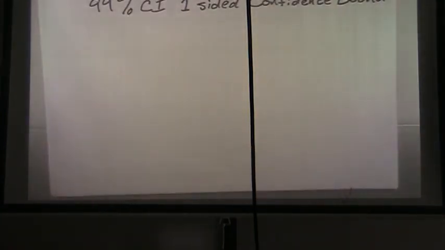What about a 99% confidence interval, one-sided confidence bound? All right, we're going to use the same method we've been using all along. Our confidence interval percent equals 100 times the quantity 1 minus alpha percent.